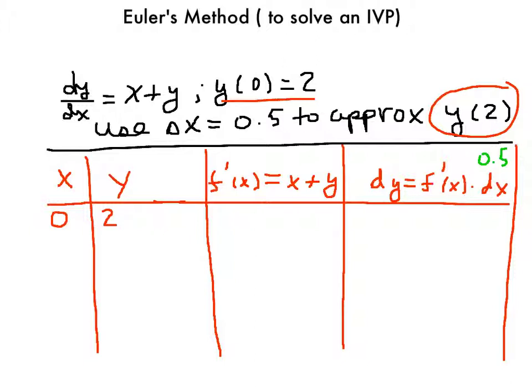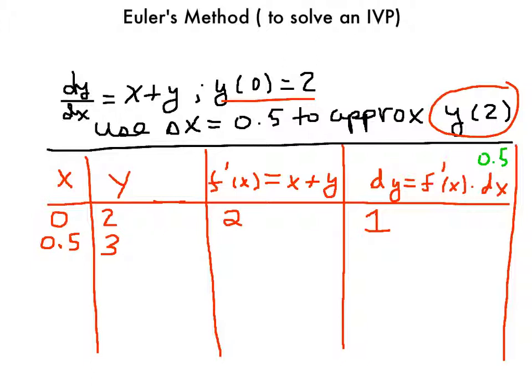So for those 2 points, f prime of x is 2, and dy is equal to 2 times a half, or 1. Okay? So now my next x, I'm going to increment it by a half, so it's going to be 0.5. My dy is 1, and so my new y is 3.